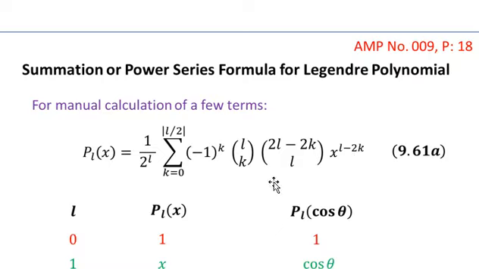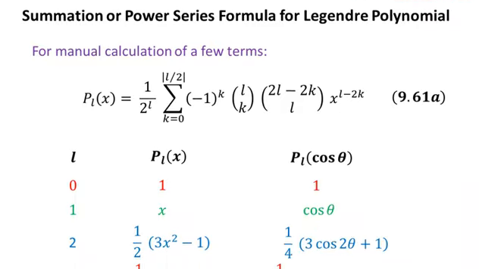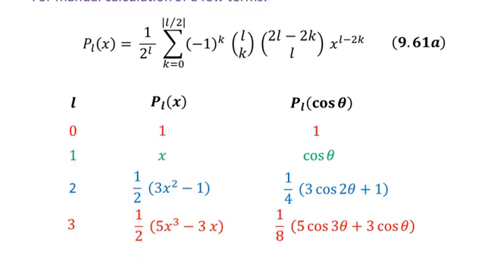You can plug in the values of L and the value of x, and you can calculate this polynomial, which is the Legendre polynomial. So I have substituted the value of x in terms of cos of theta. I have given some values for L. That is, in the left column, I have given the values of L: 0, 1, 2, 3, and I have shown the value of PL of x in the second column.